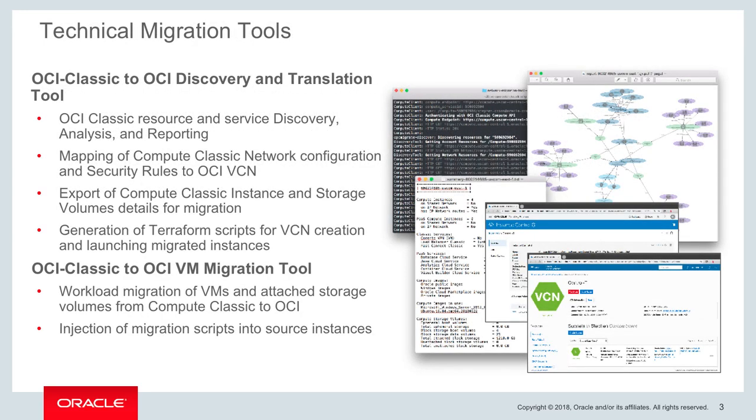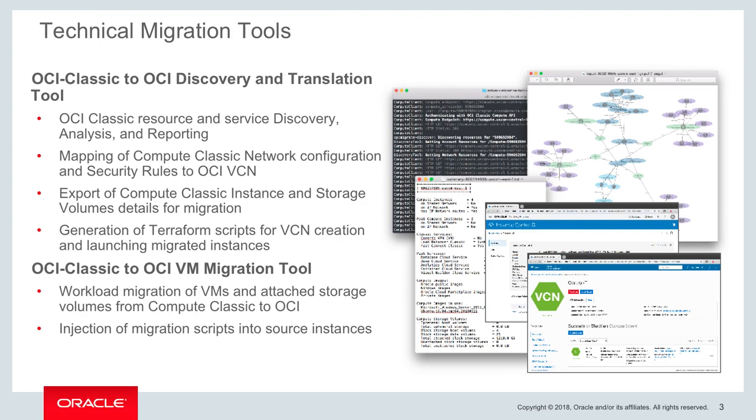Let us now look at the two technical migration tools that you can use. The first one is the OCI Classic to OCI Discovery and Translation tool. This tool will help you discover the resources that you're running in OCI Classic, as well as do analysis and reporting.